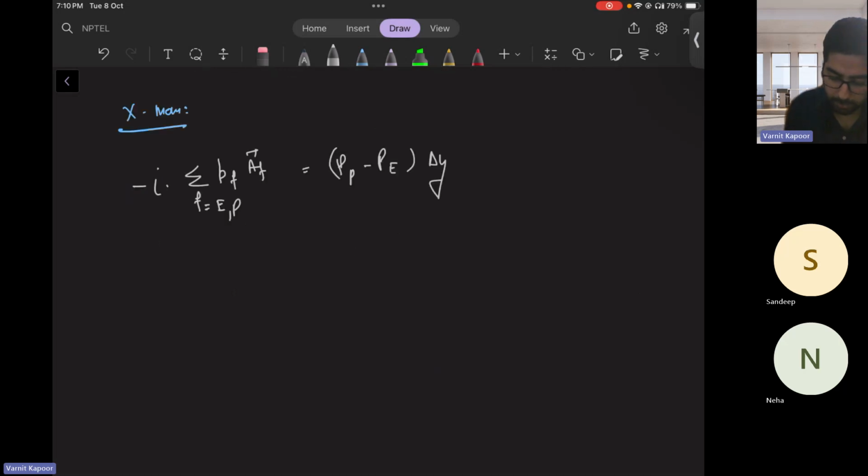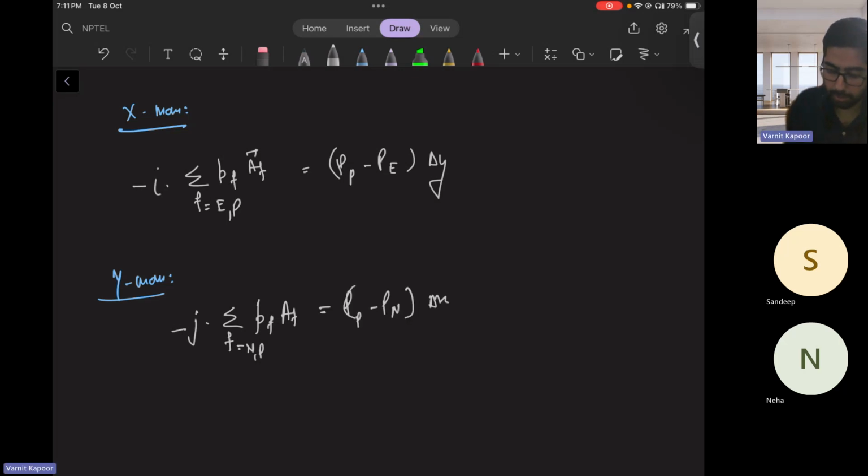And the y momentum was from above: minus j dot summation of P f A f, north and P, is equal to PP minus P north del X.